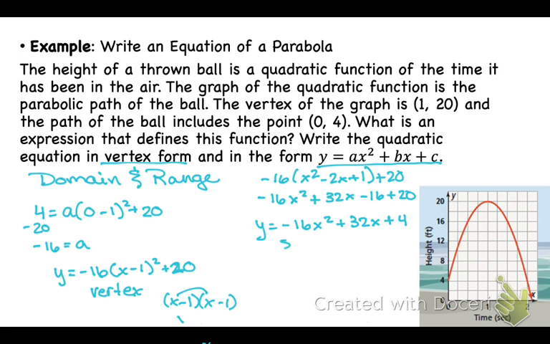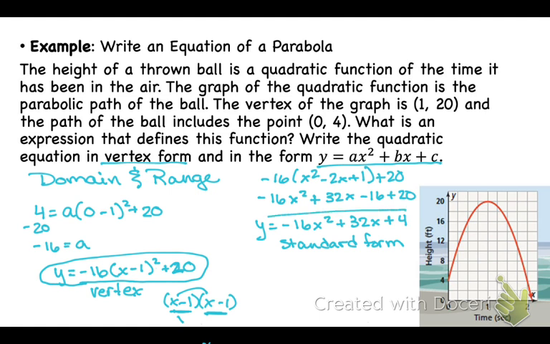Okay, so this is standard form. How did we find it? We just expanded this, yes? Squared means you take the quantity times itself, and you got to FOIL it out. Got to do it right. Now, I've got standard form and vertex form.